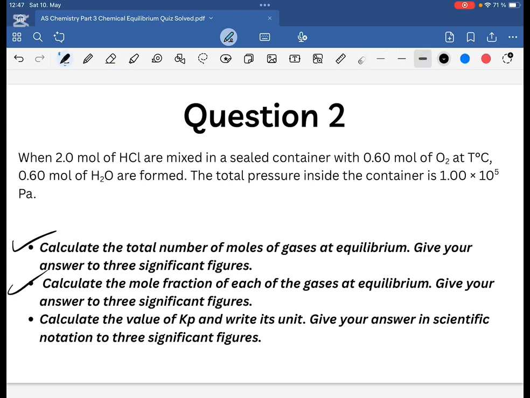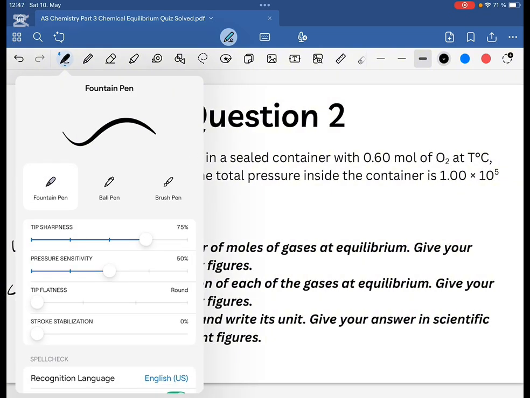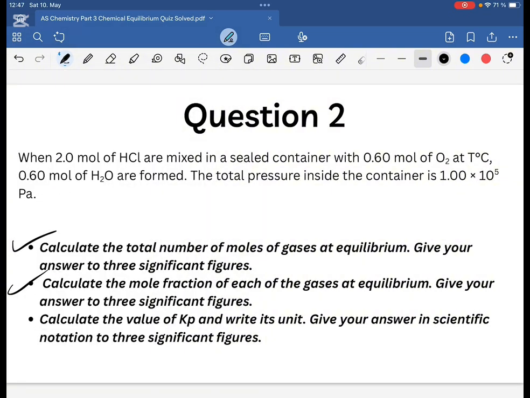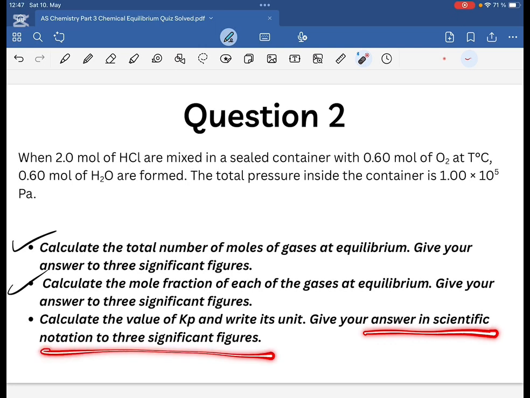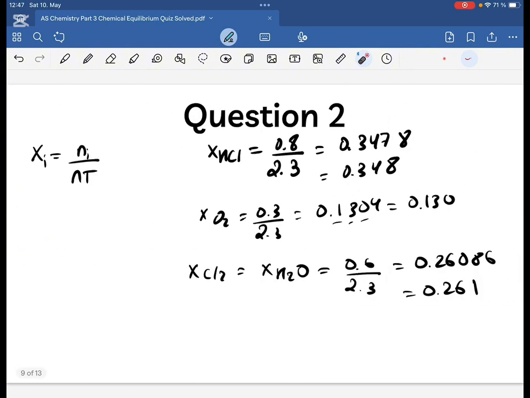Now for the final part, we have to calculate the value of Kp, and we need to write the unit, and you need to give your answer in scientific notation to 3 significant figures. Now for Kp, I'm going to erase this part.